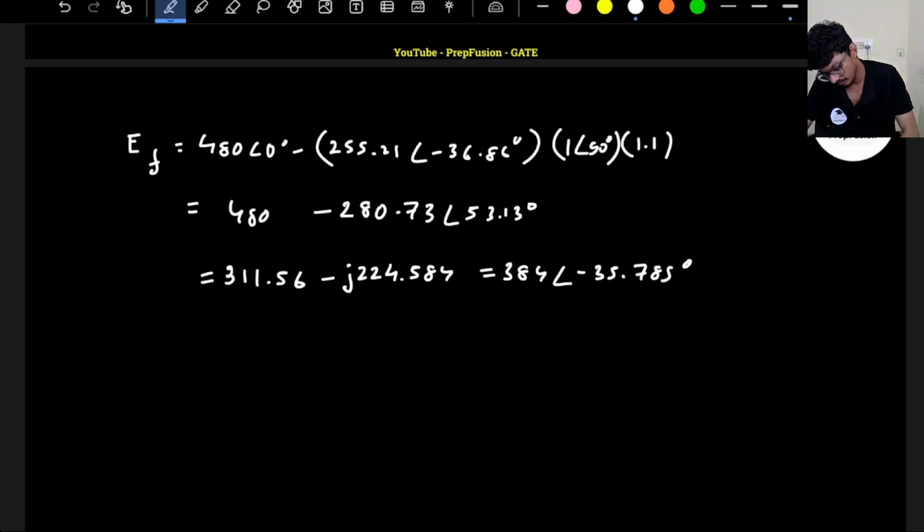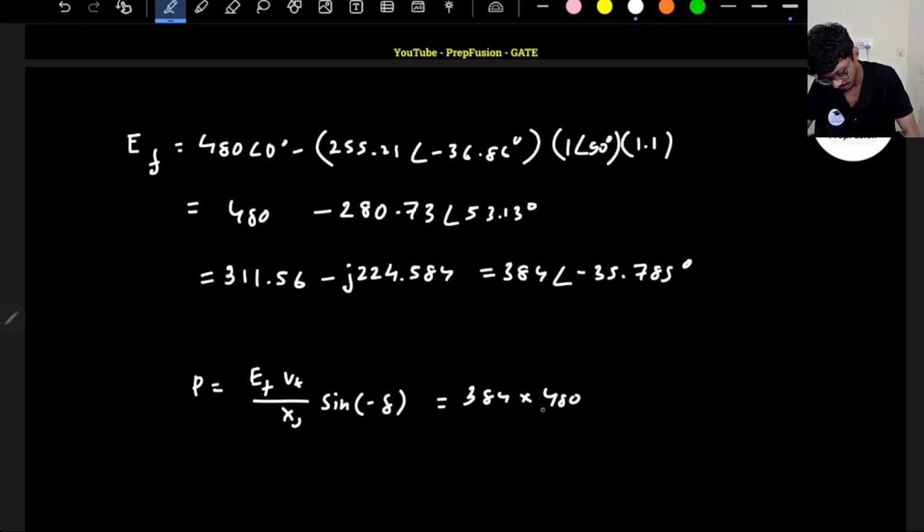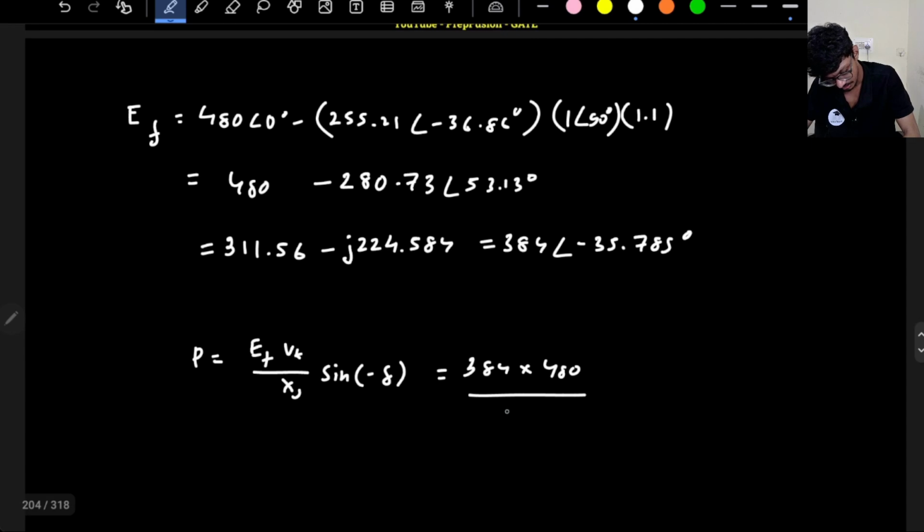Now if you want to prove it, you can prove it. So let me use that formula. P is equal to Ef Vt by Xs sine delta, sine of minus delta. Will it work? Ef we have just calculated, 384, Vt we know is 480, divided by Xs, which is 1.1, into sine of delta, sine of minus, so it will become plus 35.785.